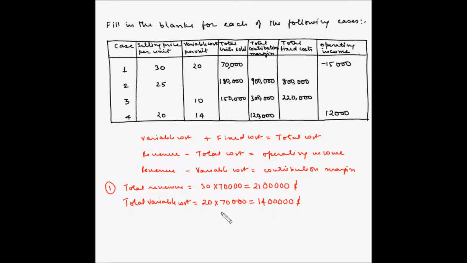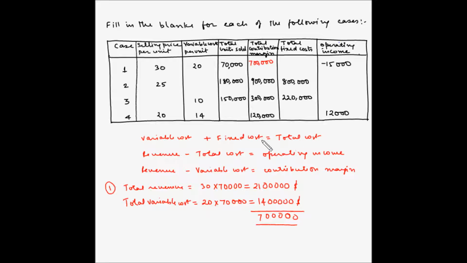So the total contribution margin will be equal to the subtraction of total revenue and total variable cost. So this will be 4 zeros, and 21 minus 14 is 7. So let's note this down. 700,000.